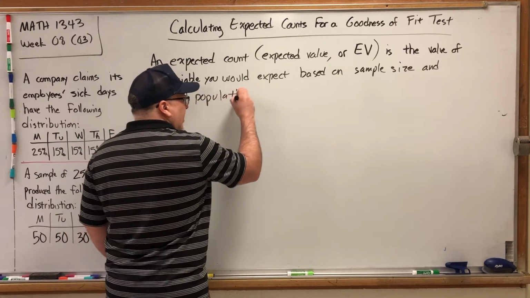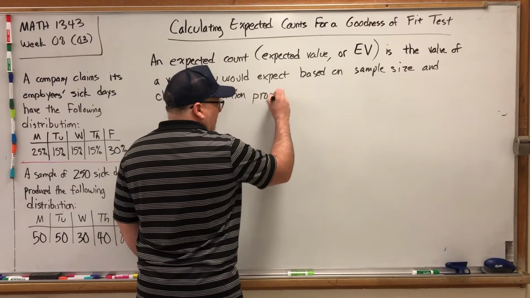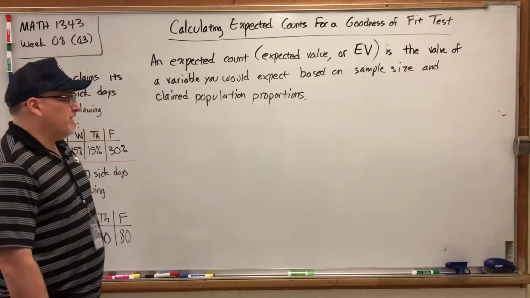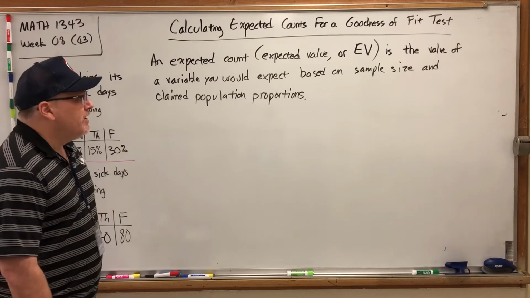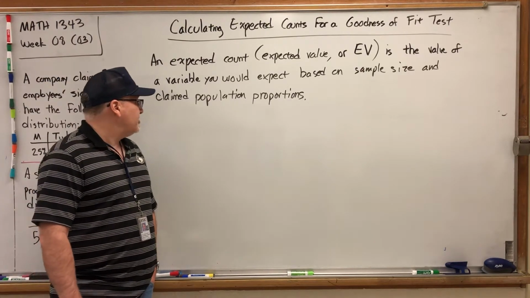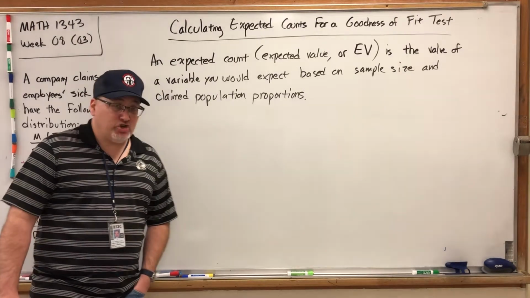What do I mean by all that? An expected count or expected value, or EV, is the value of a variable you would expect based on sample size and claimed population proportions.